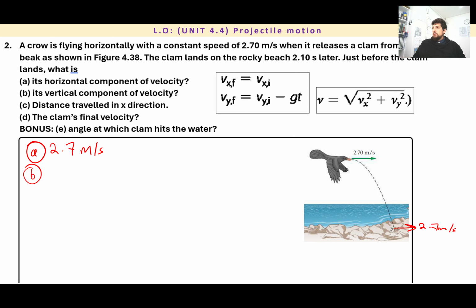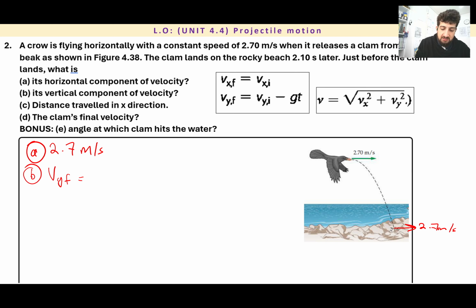Let's have a look. In order to work this out, we need to consider gravitational acceleration, or acceleration due to gravity. So we are working out VYF, the final velocity, and that equals the initial velocity. Now, lucky for us, it was released, as you can see here, which means from 0.